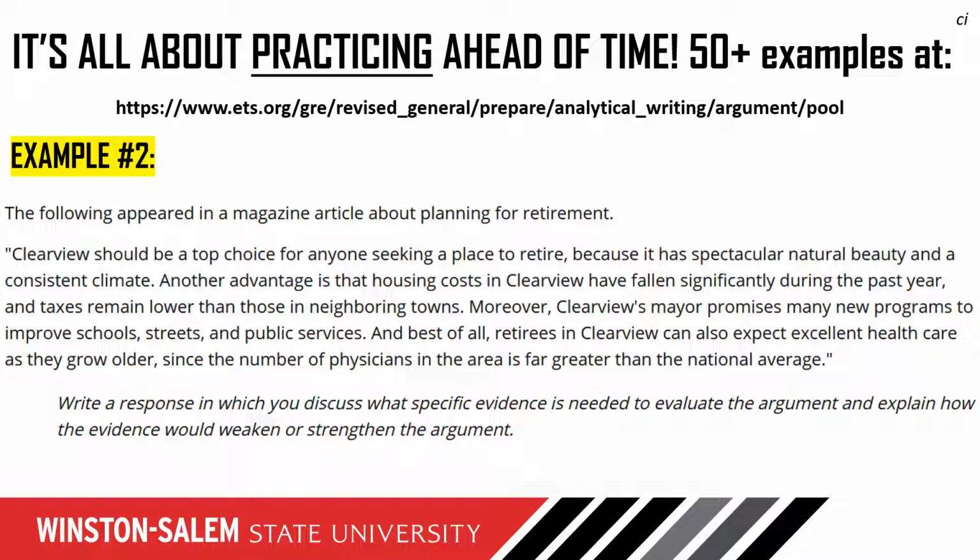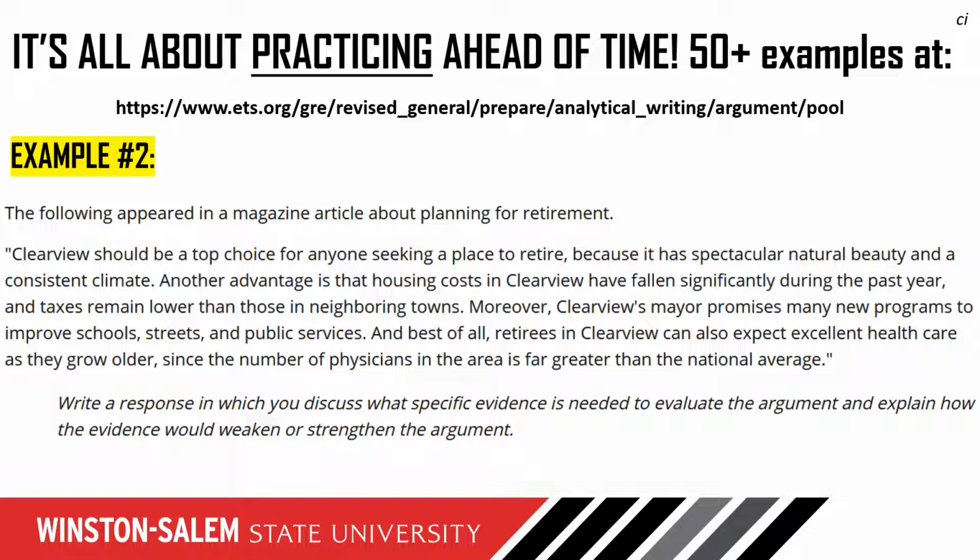Evidence, I guess, like, let me see how I can say it. Basically, how they can prove that it is a number of physicians in the area. How do we know that the number of physicians in that city is greater than the national average? We need, I guess, to compare.